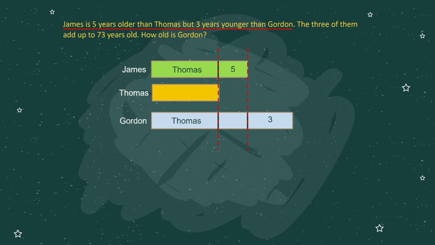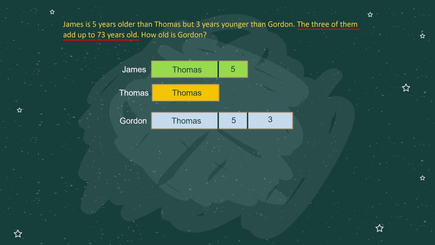And the part in between, again, because we have aligned the bars correctly, we see that the length of this part is equal to 5. And we'll label Thomas's bar as well. So now we have 3 bars, James, Thomas, and Gordon, representing their ages. Now, let's look at the second part of the question.